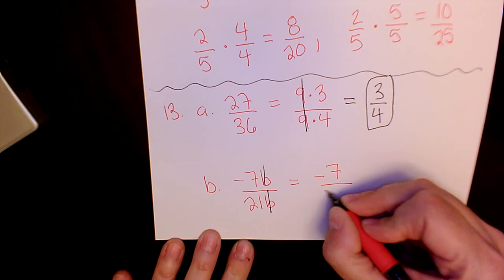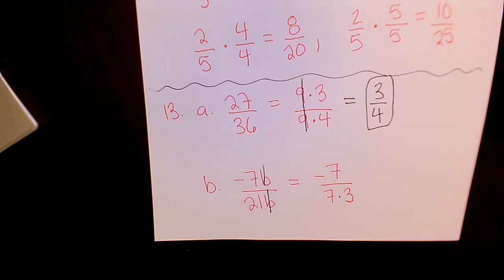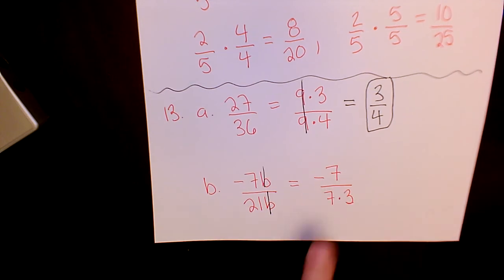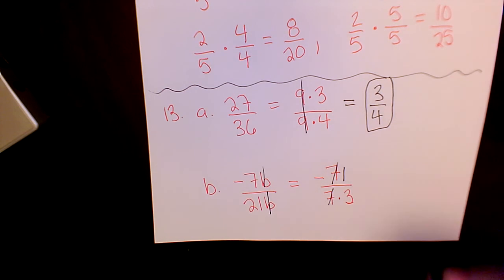What about 7 times 3? Okay, so I see there's a 7 here, there's a 7 here. Even though that's a negative, when I cancel this, this becomes a negative 1, because I can't leave anything on top.